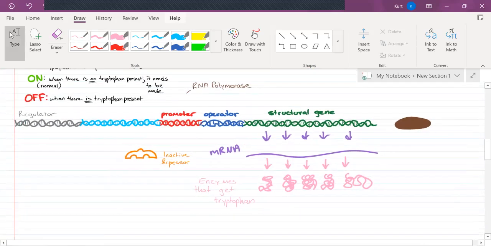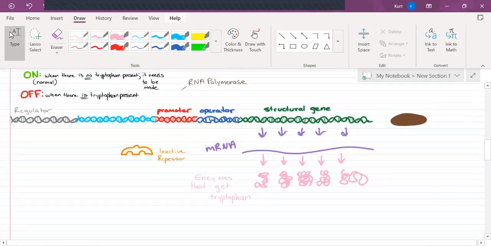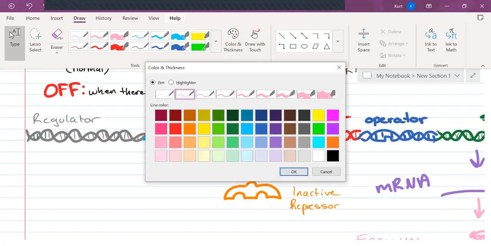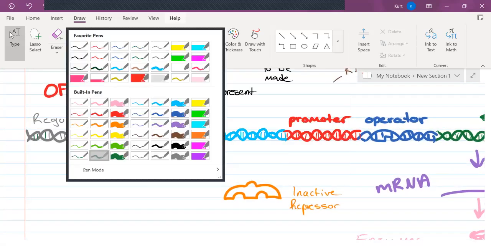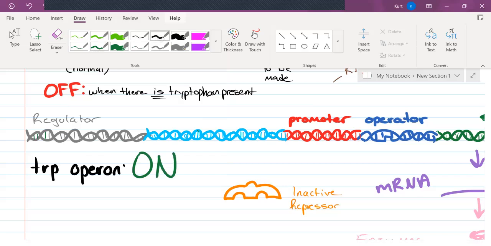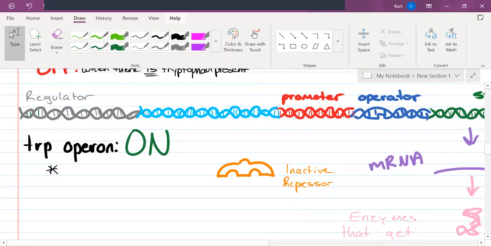Okay. So, are there any questions? I didn't write this down, so that's my fault. Let's get that fixed. This is the tryptophan operon. So when it's on, trip operon on. Here's the basic logic, guys. And it really can be boiled down to this.